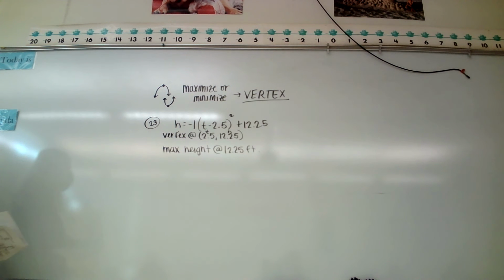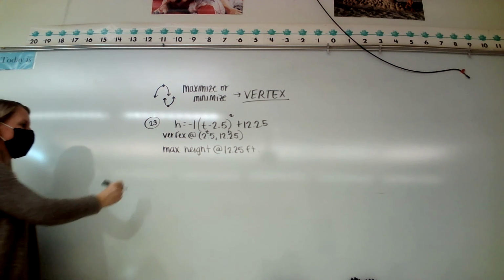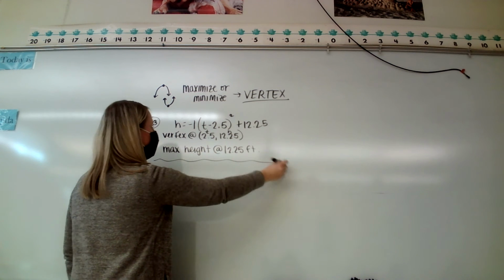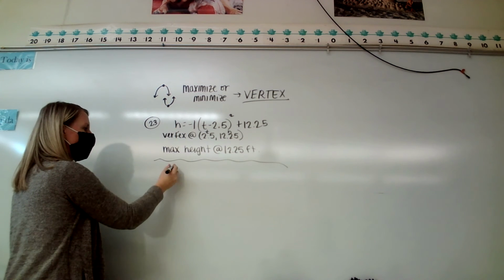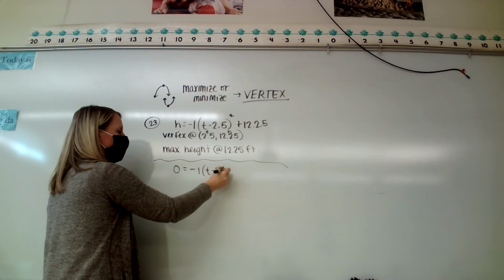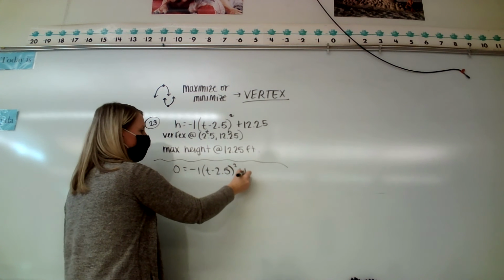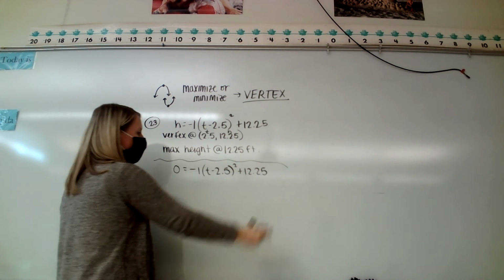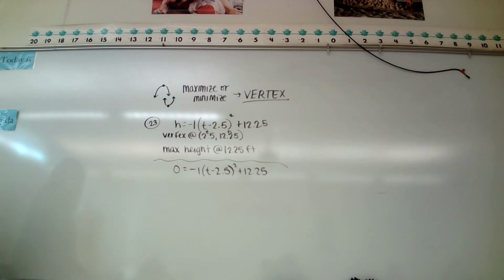How long is it in the air? When we're thinking about throwing a football, it's in the air until it hits the ground. So for the second part, we take our equation and we want the height to be 0. We've done that before, just solving for a variable. When it's in standard form, we just use the quadratic formula.